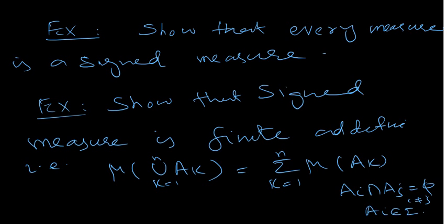Now next we prove the following theorem, which is also true for measures. Now we prove the analog of that theorem for signed measures, which says the measure of a difference is equal to the difference of measures.